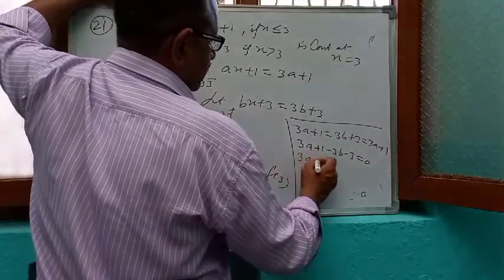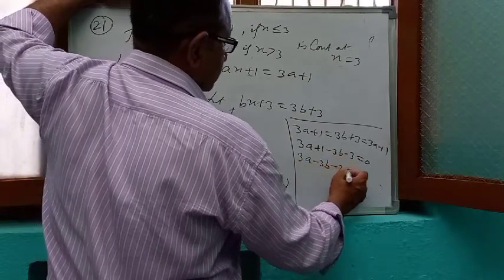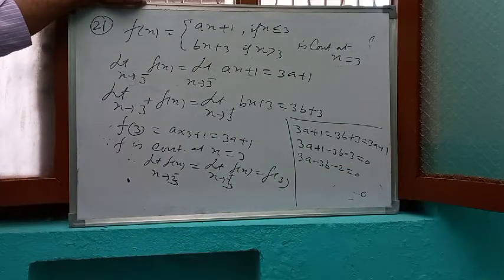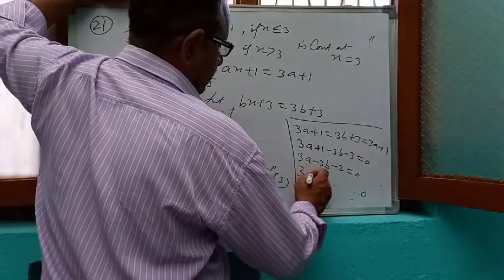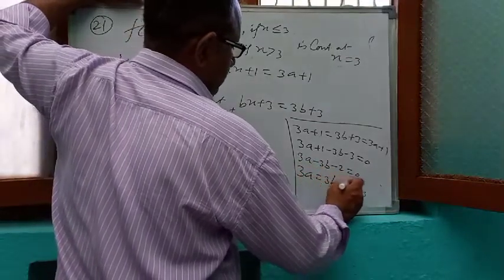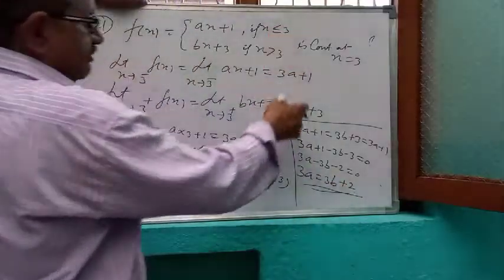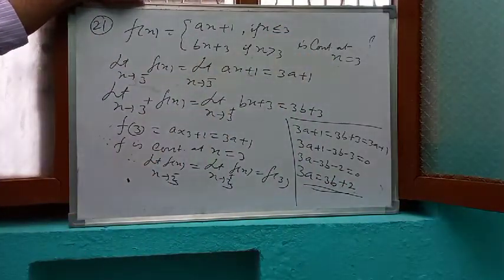So 3a minus 3b plus 1 minus 3, minus 2, is equal to 0. Or we can write 3a is equal to 3b plus 2. So this is the relation between a and b if the function is continuous at x is equal to 3.